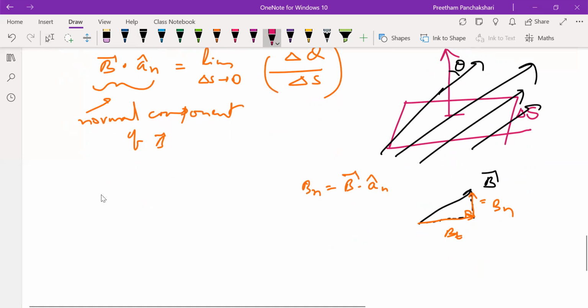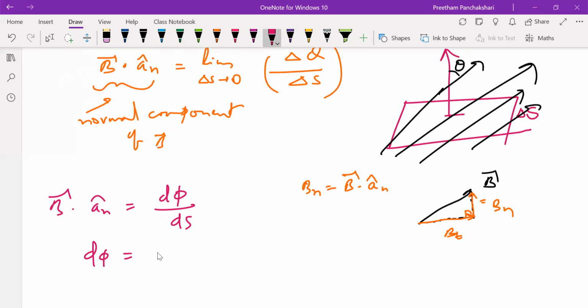So now, B dot a_n is equal to, after applying the limit, delta phi becomes d phi, delta S becomes dS. So in the differential condition, dS represents a point.